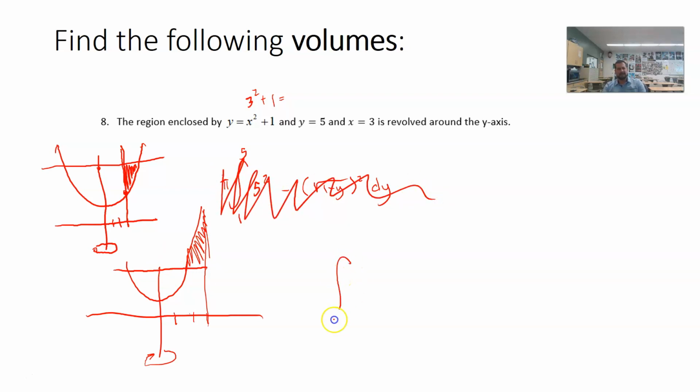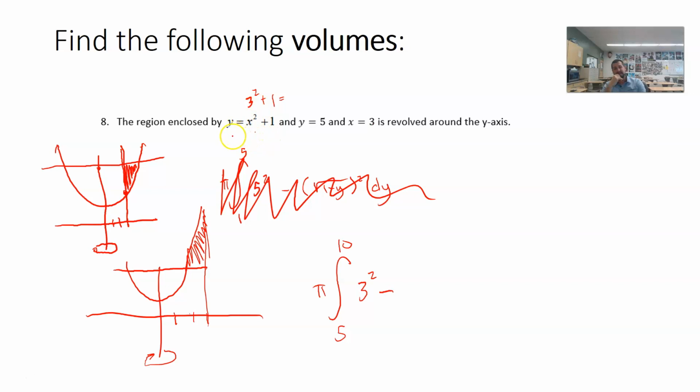When I look at this, I'm starting at y equals 5, and I'm going up. The way that I find out what I go up to is I take the x value and plug it in, and I'm going all the way up to 10. So I'm going from 5 to 10. Because we're revolving around the y-axis, we're doing the function that's further away, that's x equals 3. So I go 3 squared, there's a pi out in front, minus, and then I have to get the x all by itself here.